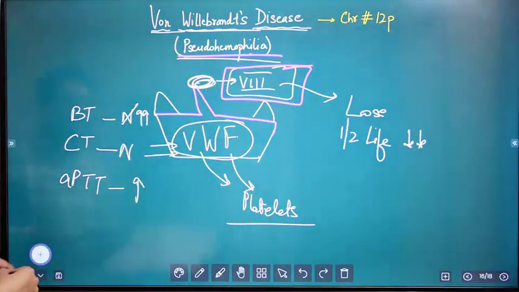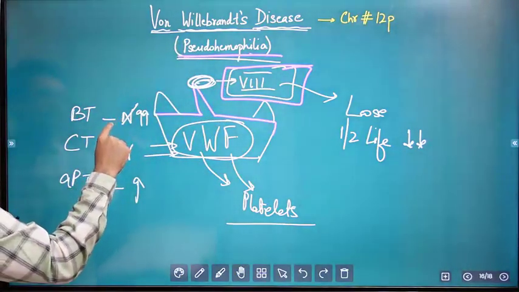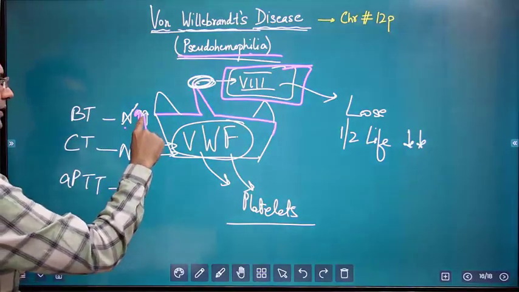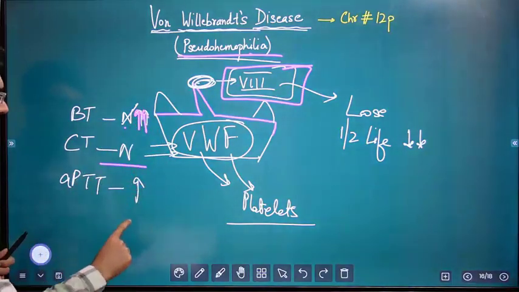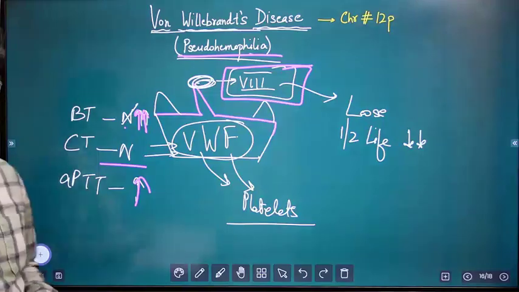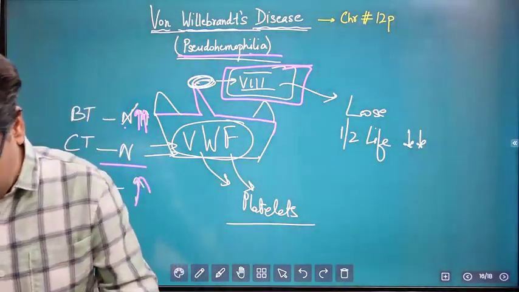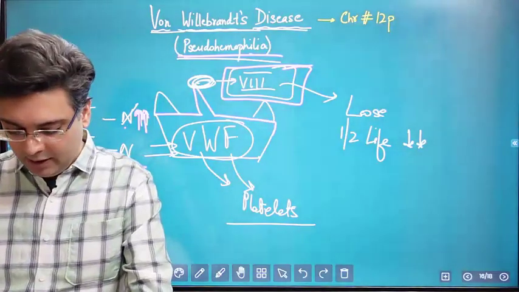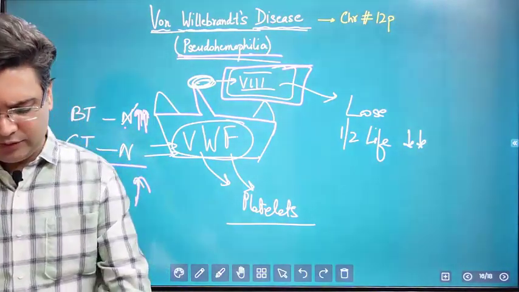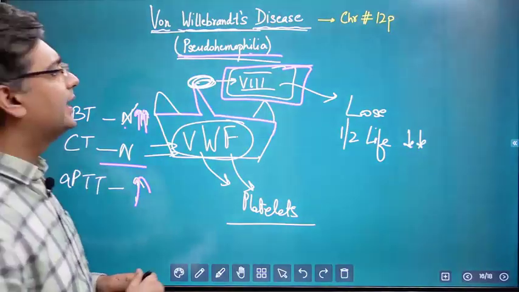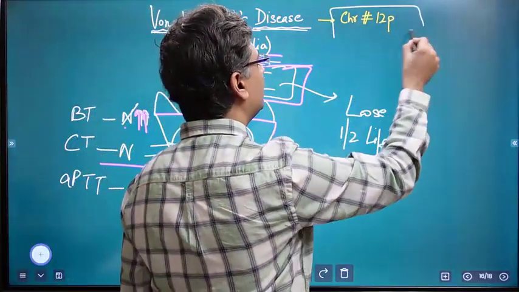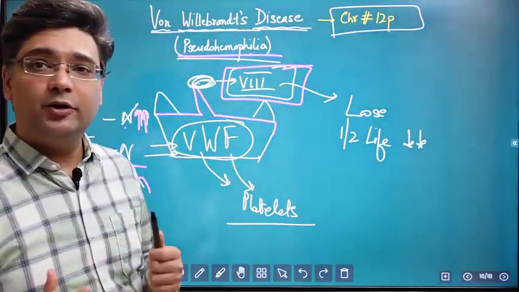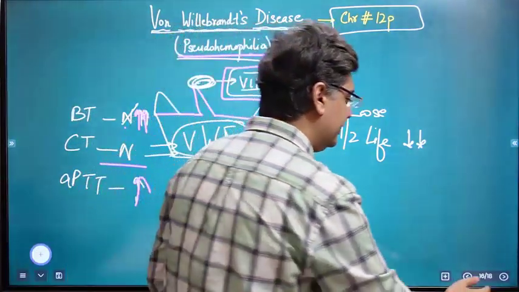Ultimately, bleeding time could be normal, but most of the time it is elevated. The clotting time is normal, and APTT, which signifies the intrinsic pathway, is also elevated. Now this was about von Willebrand disease, and it is associated with chromosome number 12 and the P region.